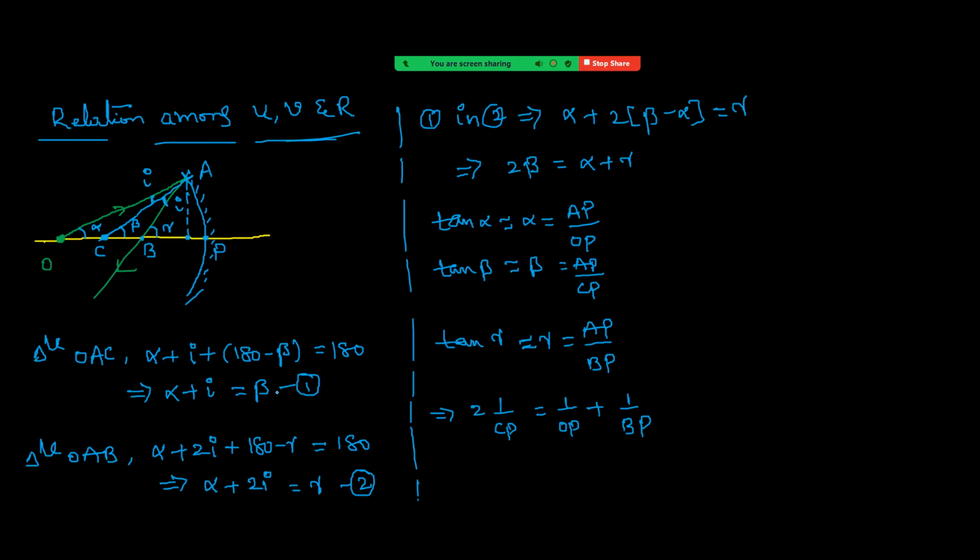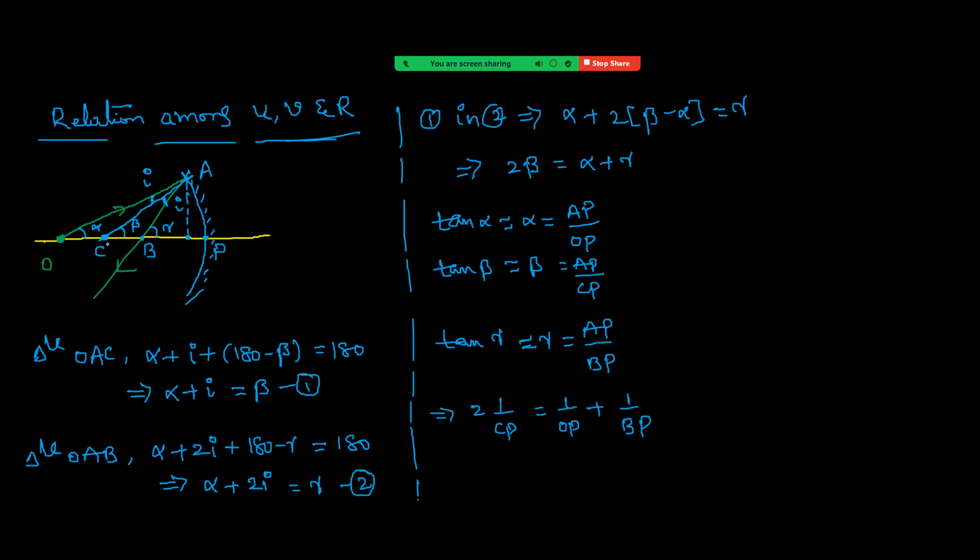And you can see from the diagram, the value of CP. CP means it is now the radius of curvature. So the length of CP is the radius of that mirror. This mirror is now a part of a sphere, so CP is the radius of that sphere.